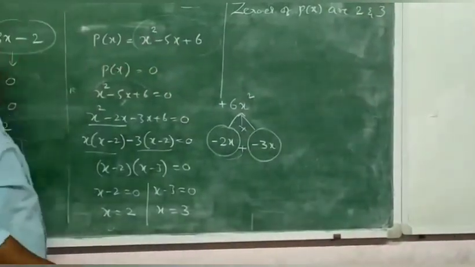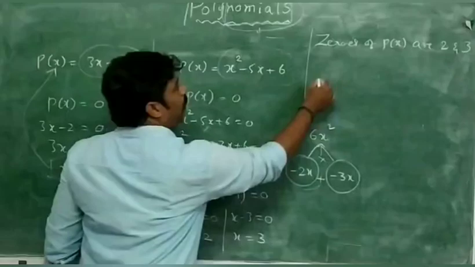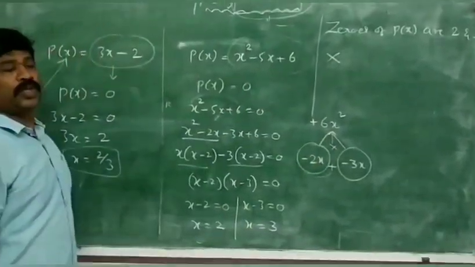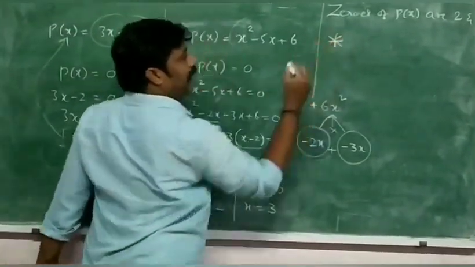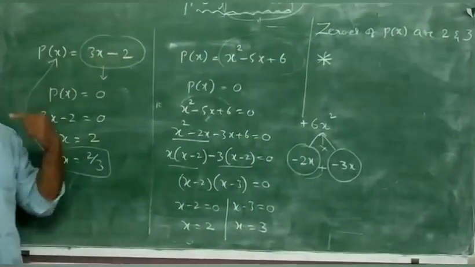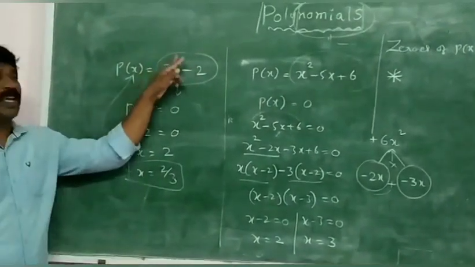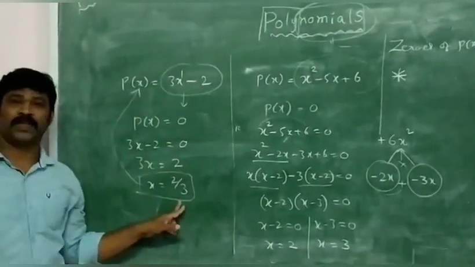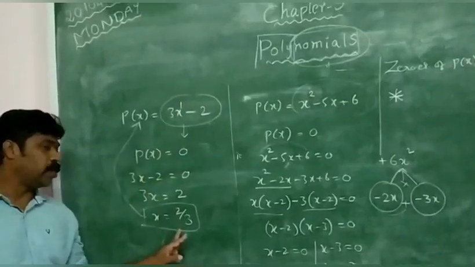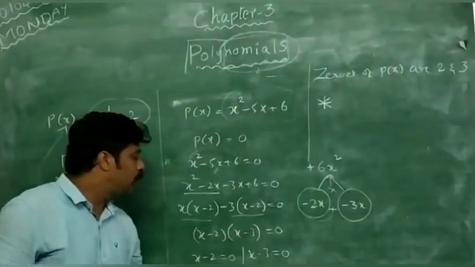Like that we have to find the zeros of the polynomial. And one important point is the number of zeros. Last point: the number of zeros of a polynomial depends on the degree of the polynomial. If the degree is 1, then we get only 1 zero. If the degree is 2, we get 2 zeros.